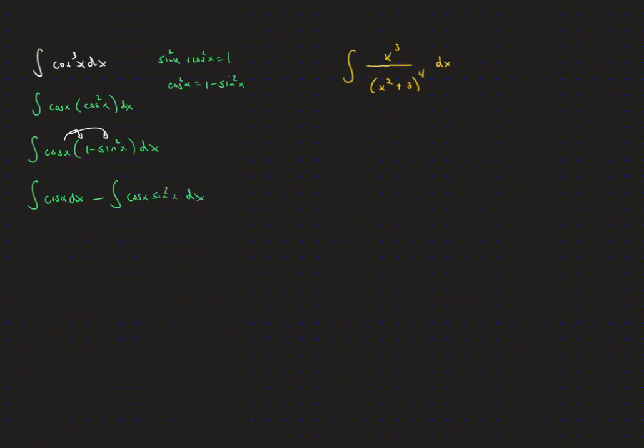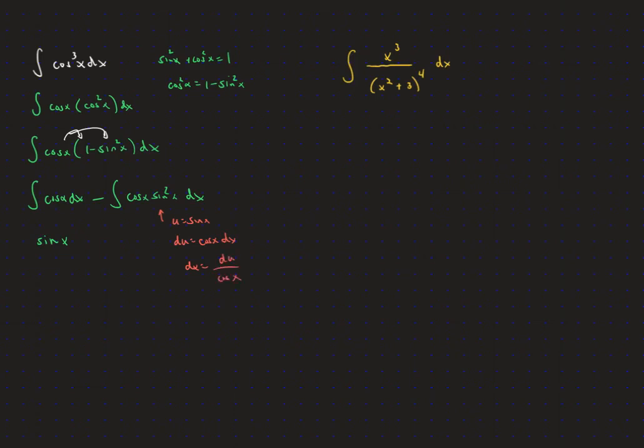The first integral we can just do directly. The integral of cosine is just sine. On the second one, we can say let u be sine x, then du is cosine x dx, and dx is going to be du over cosine.